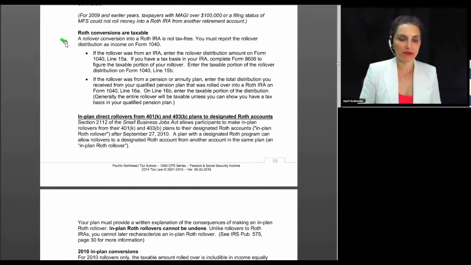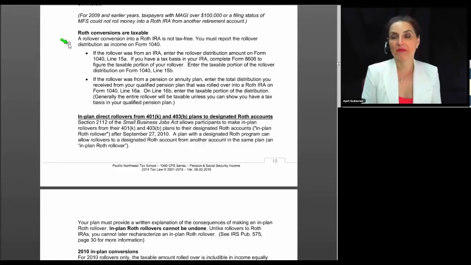This is a big thing to be aware of. And Roth IRA accounts are much beloved by brokers. Investment advisors sitting down with their clients love to recommend Roth accounts. They just think they're the greatest thing since sliced bread because distributions you get from them are tax-free.